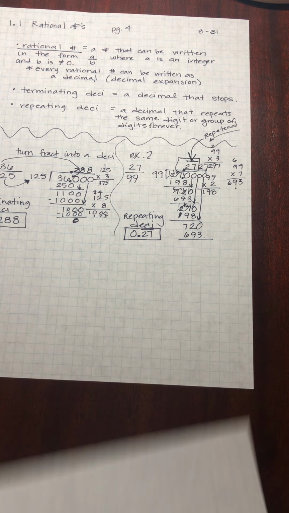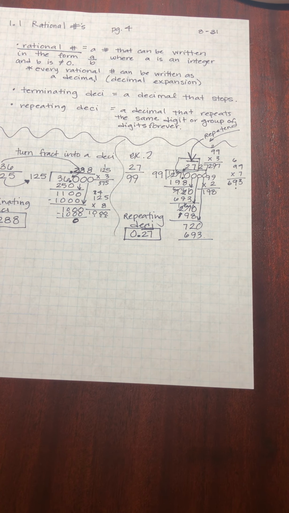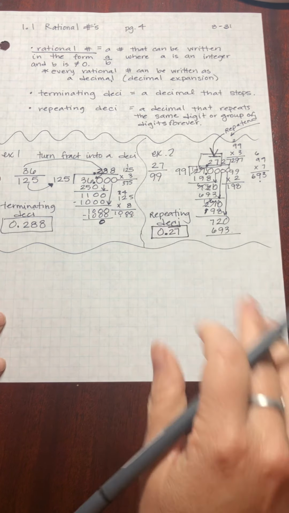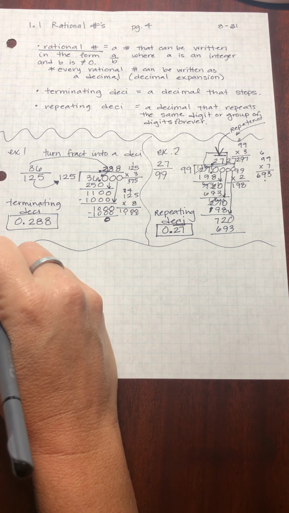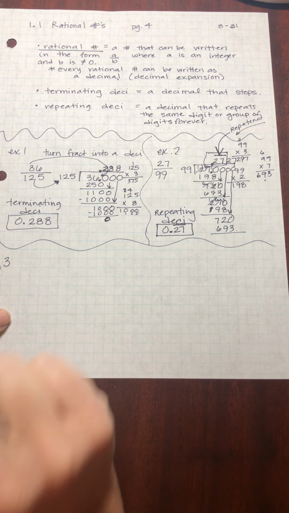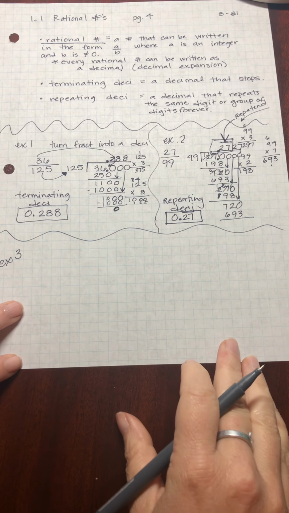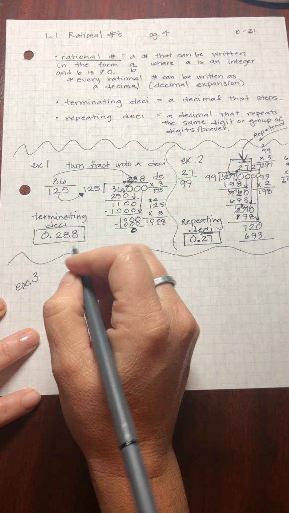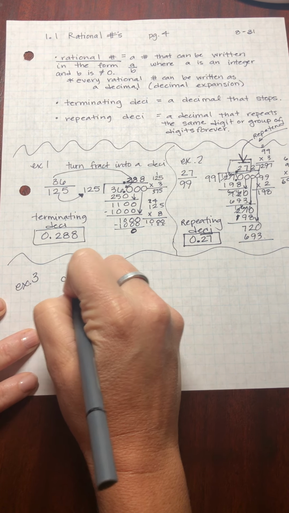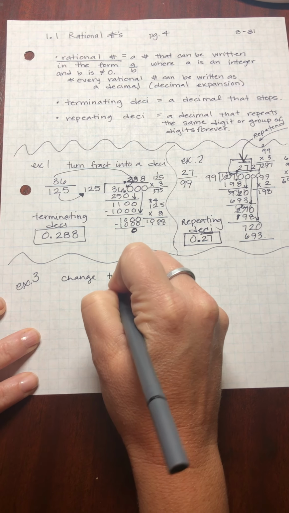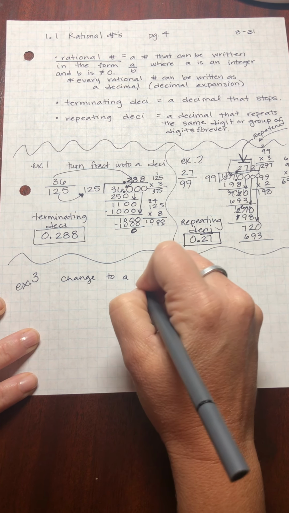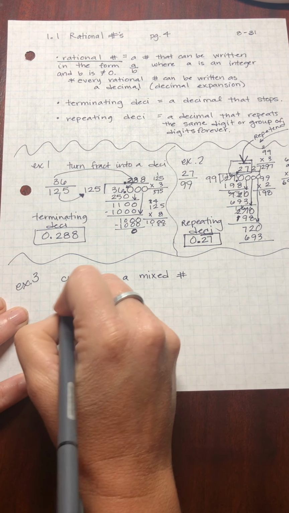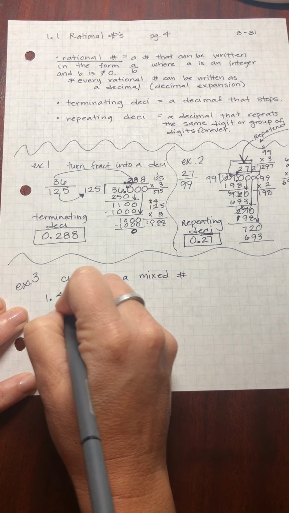The last type of problem that you're going to see in your homework is example 3. Is changing from a decimal to a fraction.